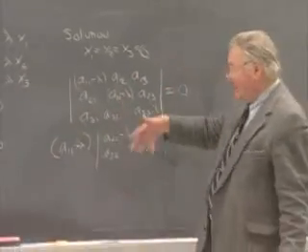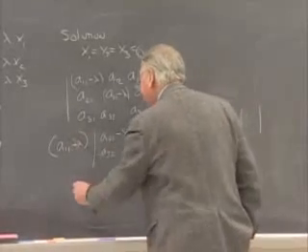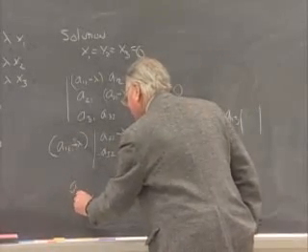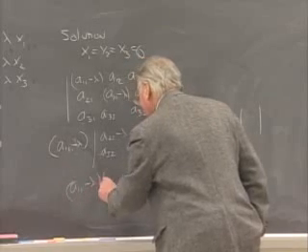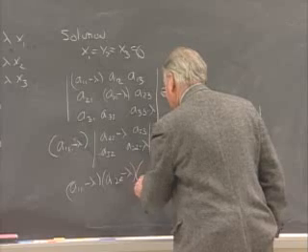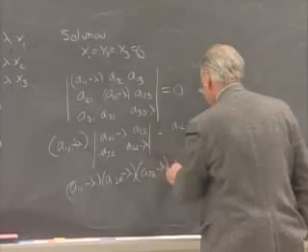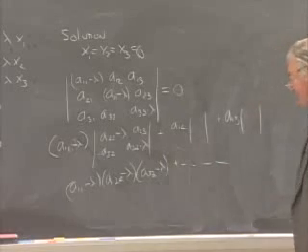Unfortunately, none of these terms are 0 in general, so I'm going to have 3 terms here. If I expand this term, I'm going to get something in (a11 minus lambda)(a22 minus lambda)(a33 minus lambda), and a bunch of other terms that I won't bother to write down explicitly.